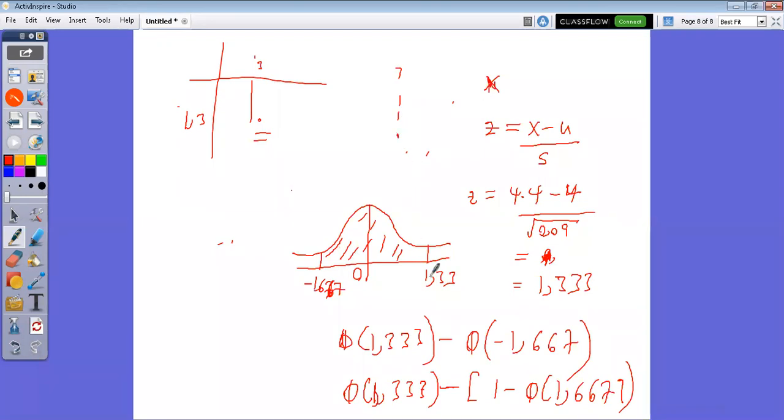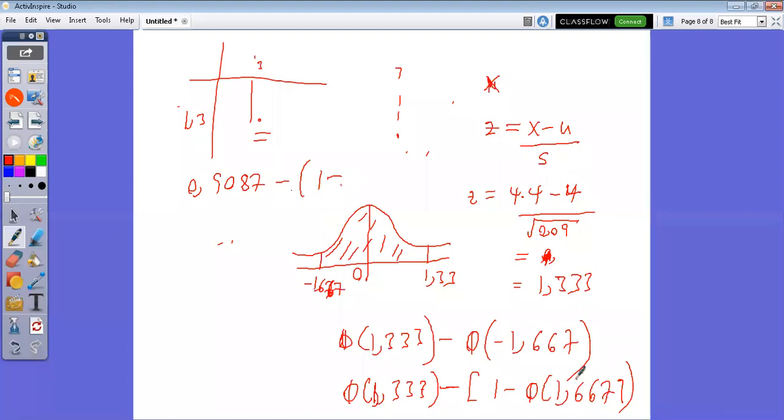What do you get? 0.9087. Looks like it's correct. Okay, that's fine.